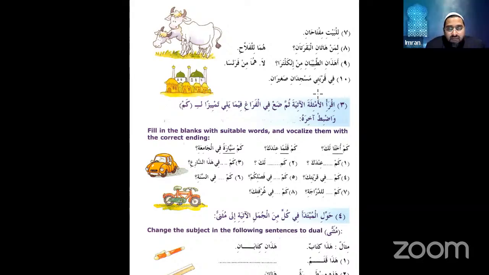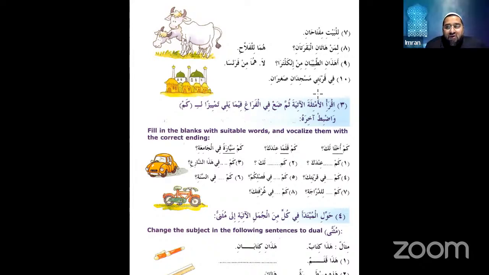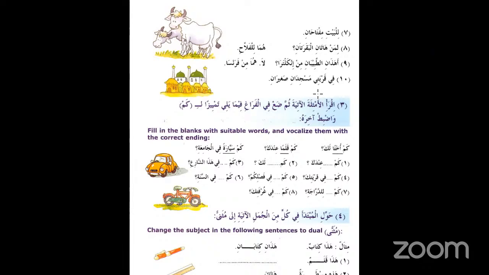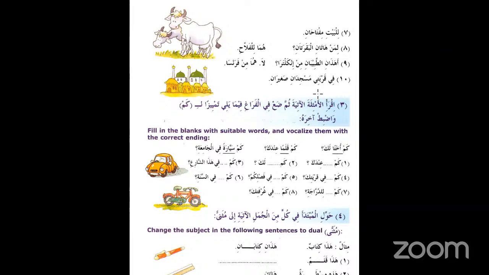Are these two doctors from England? No, are these two doctors, not daughters, doctors. Tabibani are doctors. Are these two doctors from England? La, no. Huma min Faransa. They are from France. Excellent.